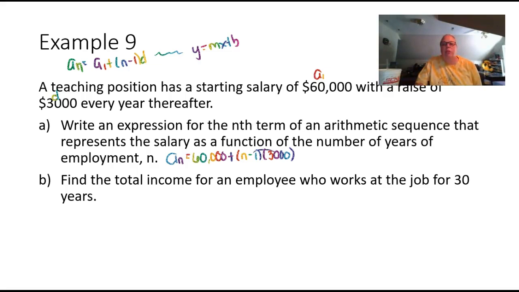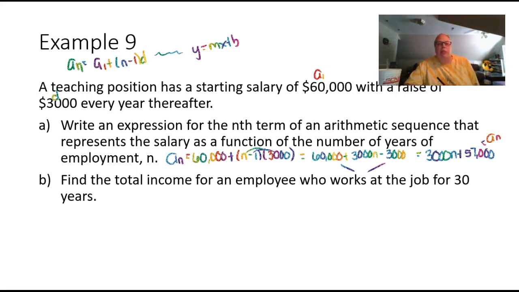And I'm actually going to distribute that 3,000 in the parentheses. This is going to give me 60,000 plus 3,000 times n minus 3,000. And then when I combine my like terms right here, we're going to have 3,000n plus 57,000. So there's our formula for the nth term of our sequence.